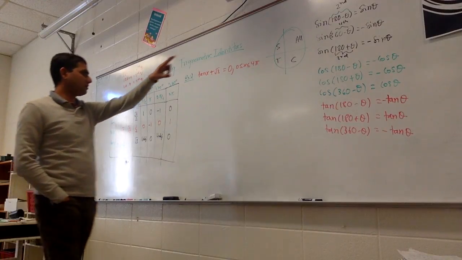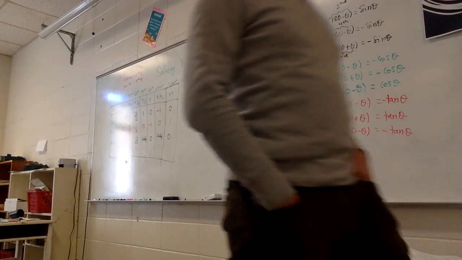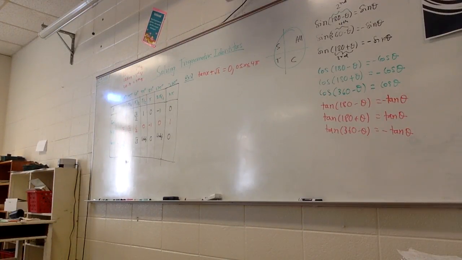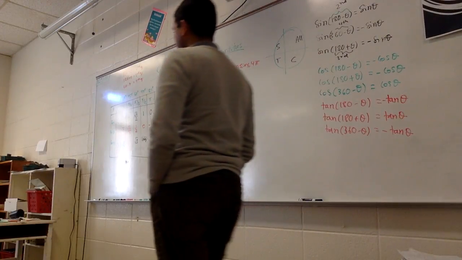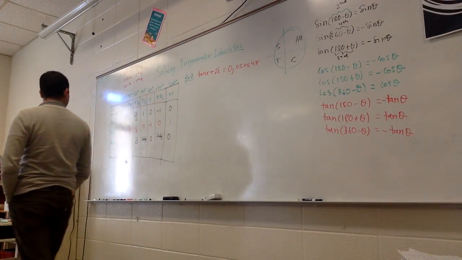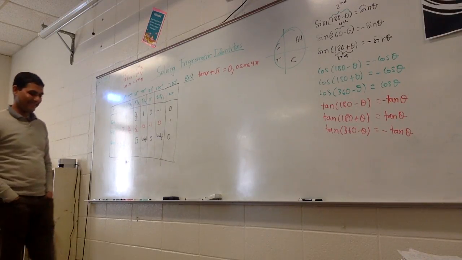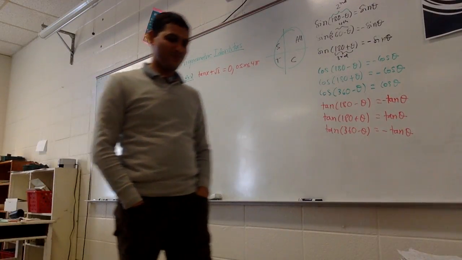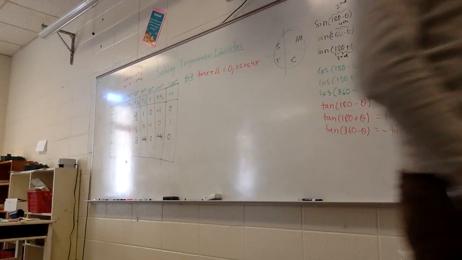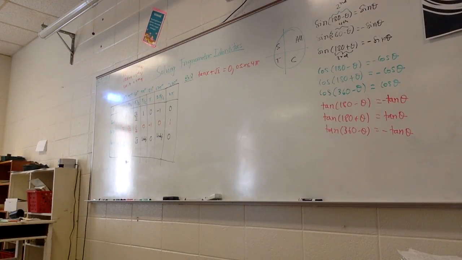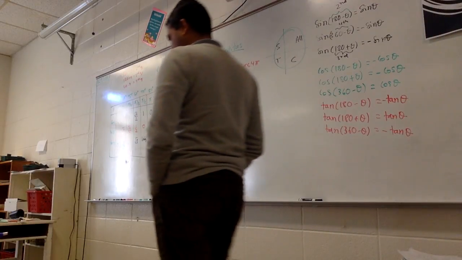You have everything here. One of the table values is negative square root of 3. That is your reference. Based on that, you try to figure out the solution.